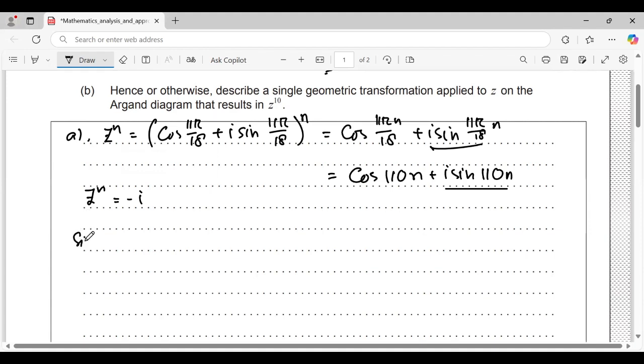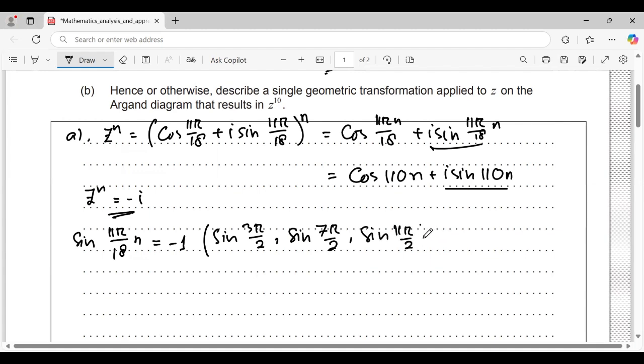So sine of 11 pi n over 18 equals minus 1, according to this information. The angles where sine equals minus 1 are 3 pi over 2, 7 pi over 2, 11 pi over 2, and so on.